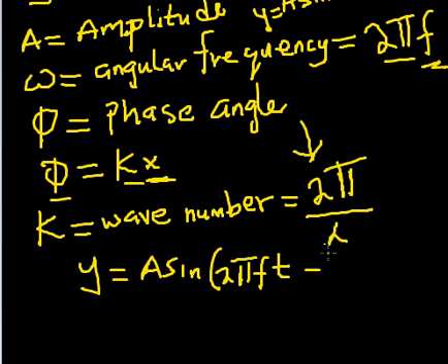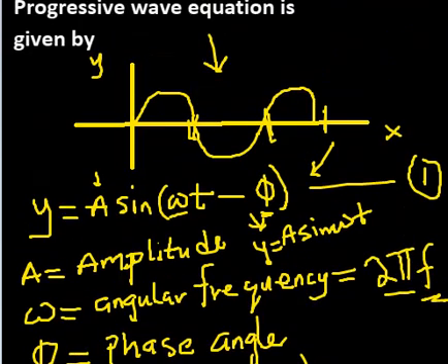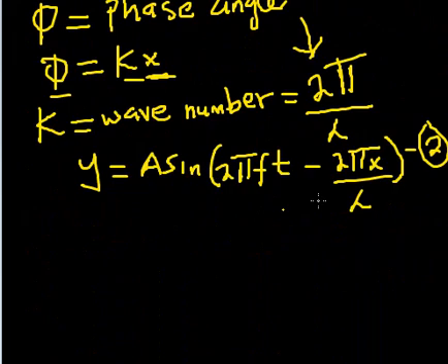This is k, the wave number, multiplied by x. The wave number is 2 pi over the wavelength, so it is 2 pi x all over wavelength. You can call this equation 2. So let's look at 1 and 2. Take note of it.